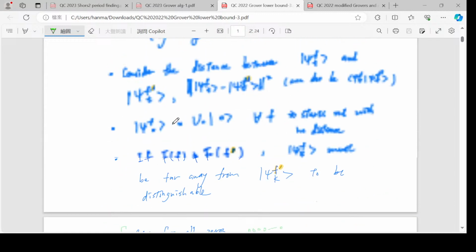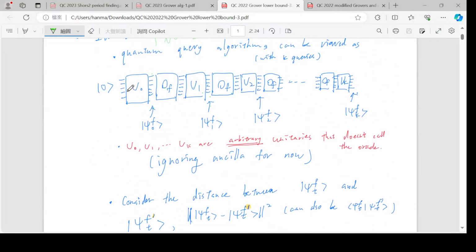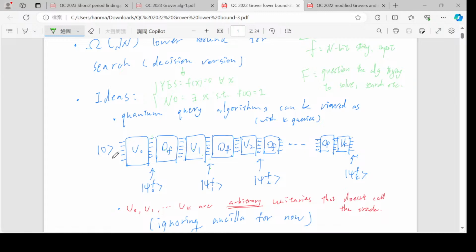We think of this evolution as some kind of trajectory. At the start of the algorithm, no matter what your small f is, your algorithm starts with the same quantum state, because it starts with the same 0, and this U0 doesn't depend on small f, so it turns everything into the same psi_f0.